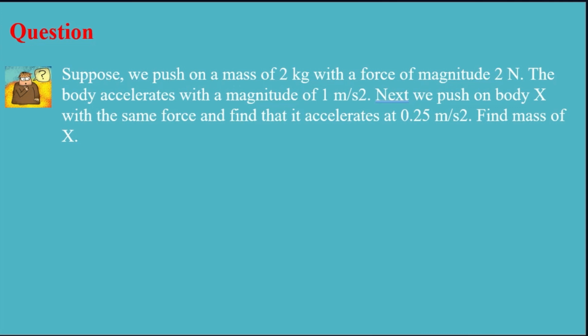For mass 1, we have the force as m times a, right? The mass is 2 kilograms, the force is 2 newtons, and of course the acceleration is going to be 1 meter per second squared, right? For the second one, let's label it as 2.